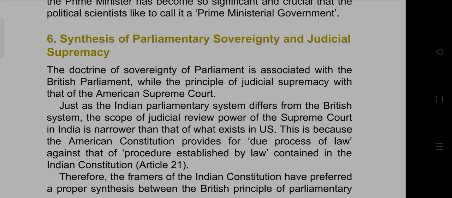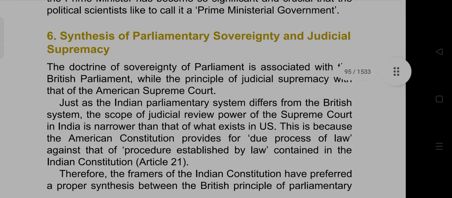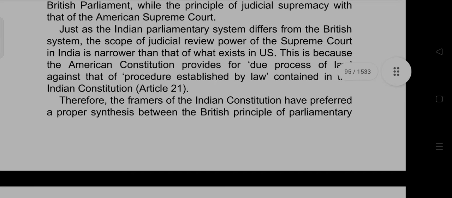Just as the Indian parliamentary system differs from the British system, the scope of judicial review power of the Supreme Court in India is narrower than that which exists in the US. This is because the American Constitution provides for due process of law. Against that, the Indian Constitution contains procedure established by law, according to Article 21.